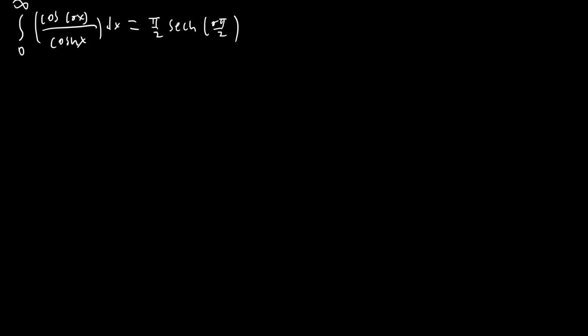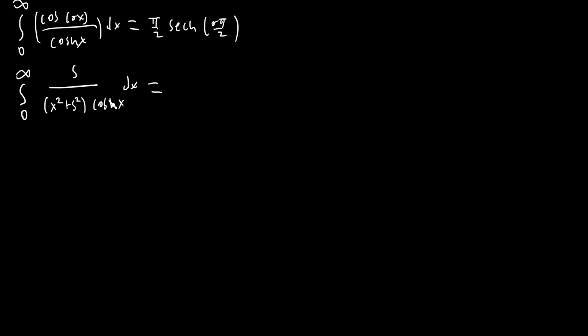Well, the Laplace transform is pretty straightforward. We're going to get the integral from 0 to infinity of s over x squared plus s squared times cosh of x dx.